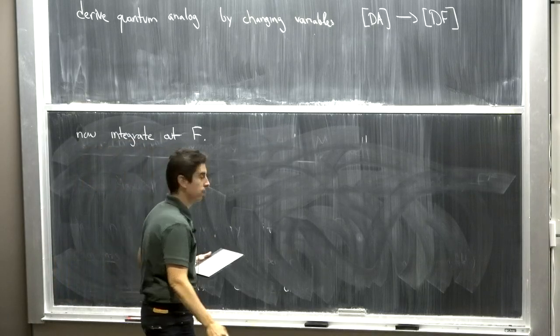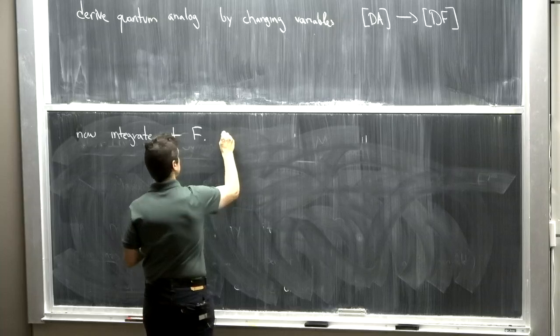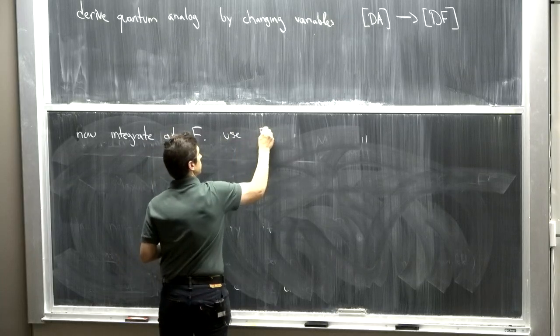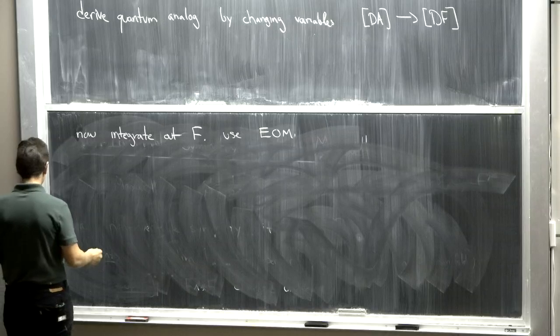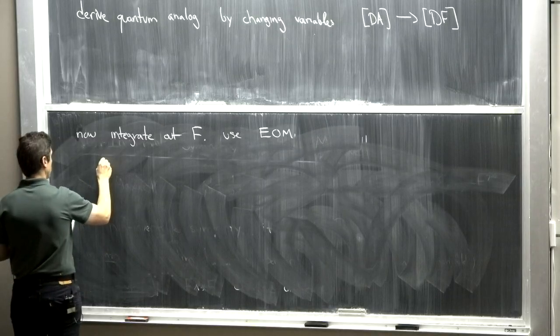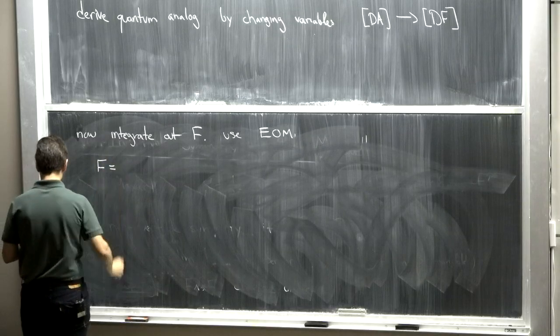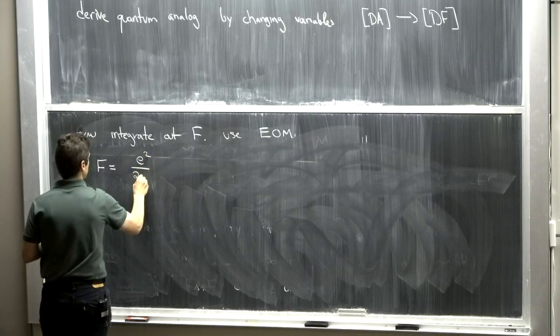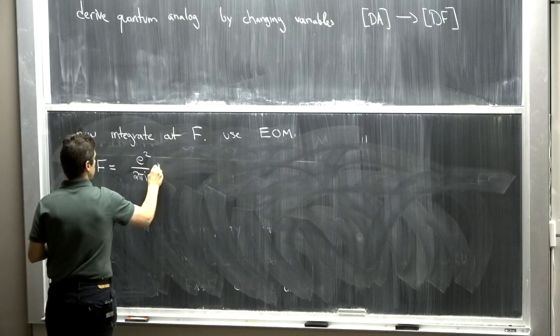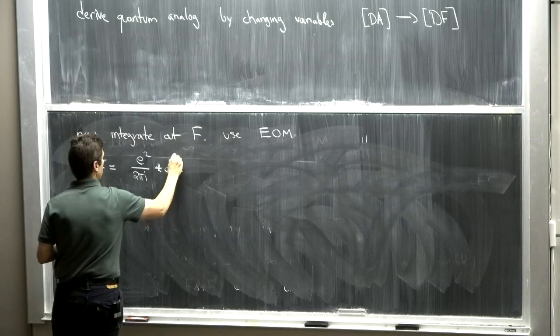Everything is quadratic. Right? So what is the equation of motion? The equation of motion says that F is equal to e squared over 2 pi I star dA tilde.